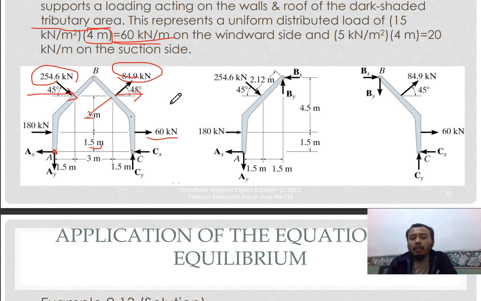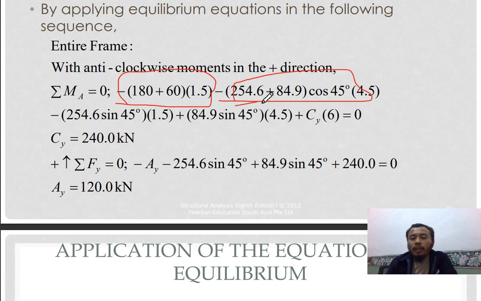So you have a similar moment here, so you can combine it into this one. And then you also have another component of the force, which is sin 45. It's also 45, but the moment arm is different, so you cannot combine as you did here.